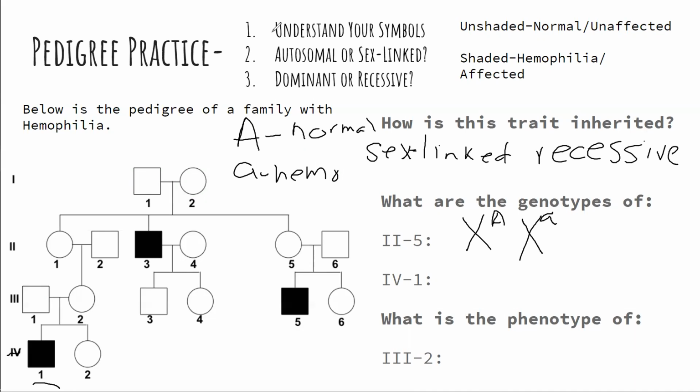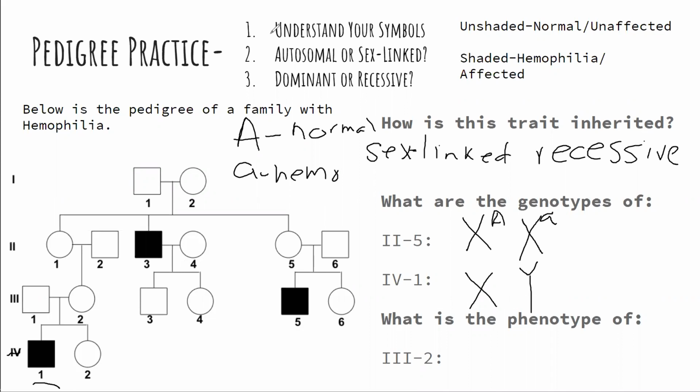Yes, it's a male, so it would be X, Y. And remember, no traits are carried on the Y chromosome. It's too small. It only determines that a man is a man. That's it.